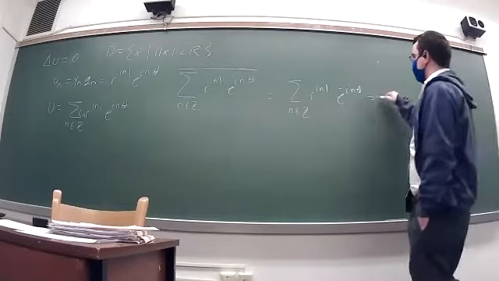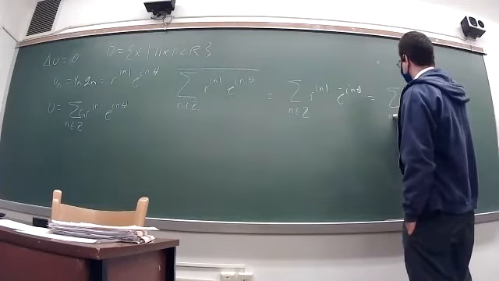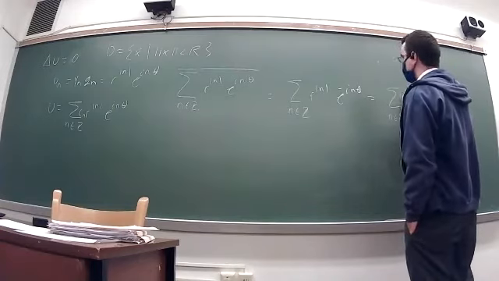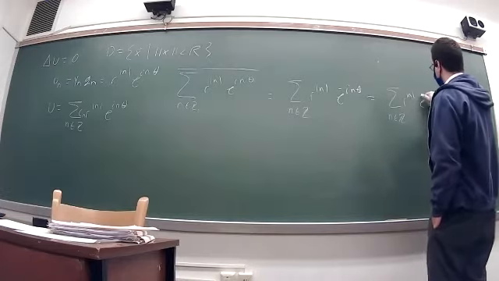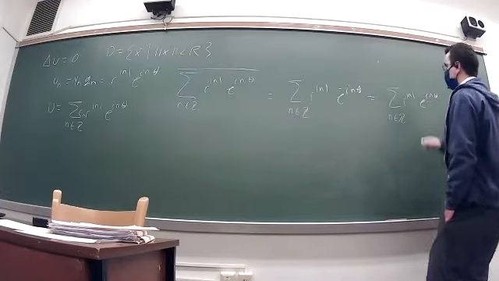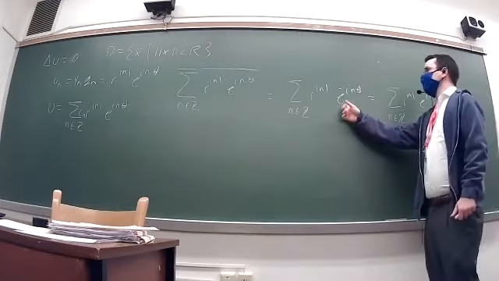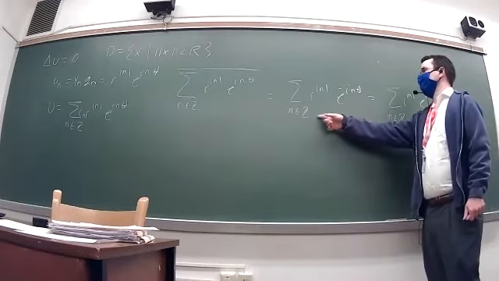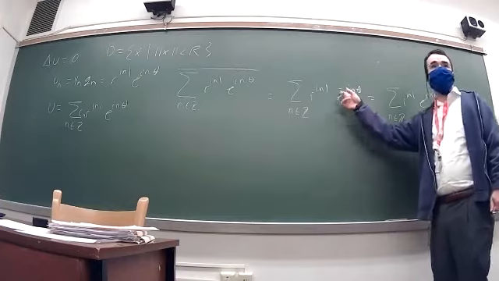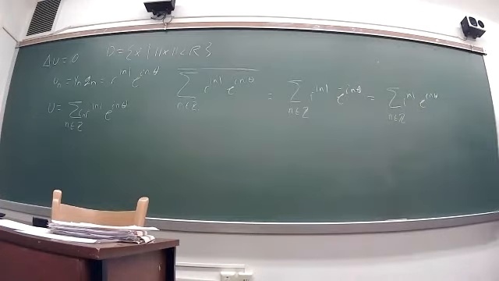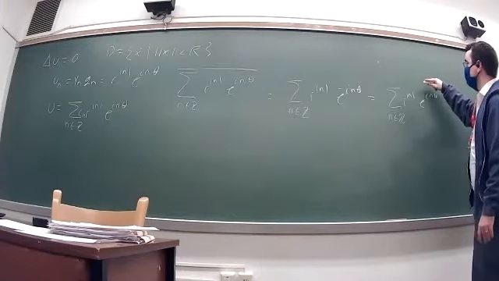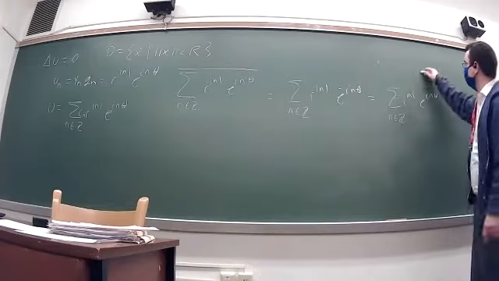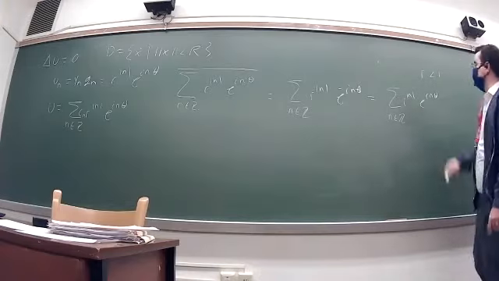But this is back to what I started with. This amounts to nothing but a rearrangement of the terms, because for every negative n there's a corresponding positive n. And for absolutely convergent series, you can rearrange the terms like that, so long as r is less than 1.